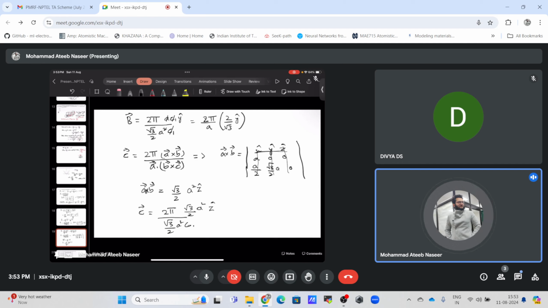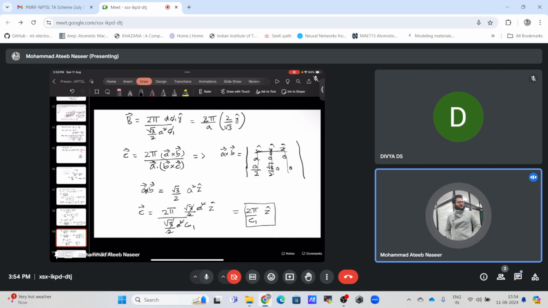So this c1 is there only, it won't go. However, this a² will go with this, and this √3/2 will go with this. So we will be left with 2π/c1 ẑ. So this is the reciprocal lattice vector C.